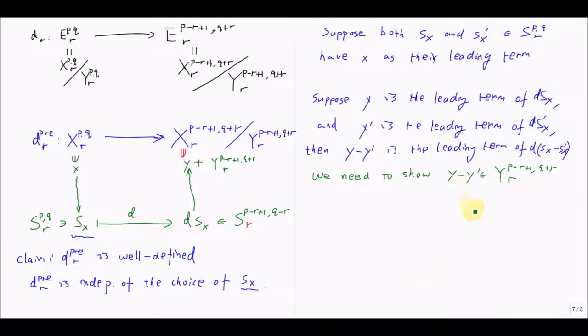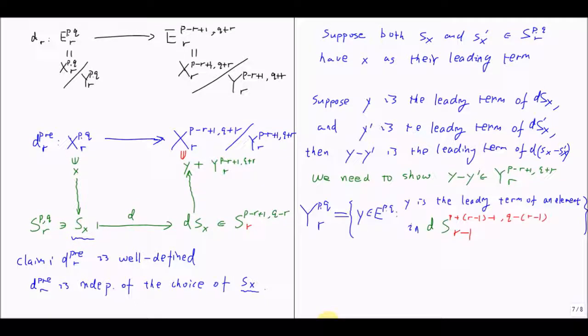Now by definition of this, we must show, and it suffices to show, we have to be very careful in here. So let's first recall the definition of y. So here's the definition of y. And here we are going to replace p by p minus r plus 1 and q by q plus r. Those superscripts also have to be changed.